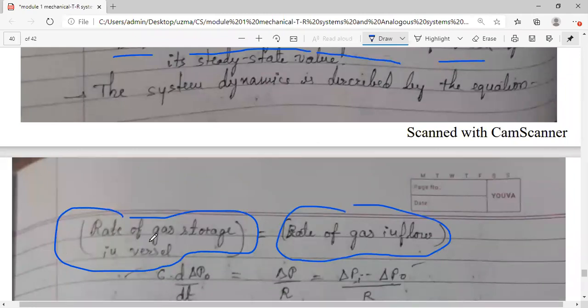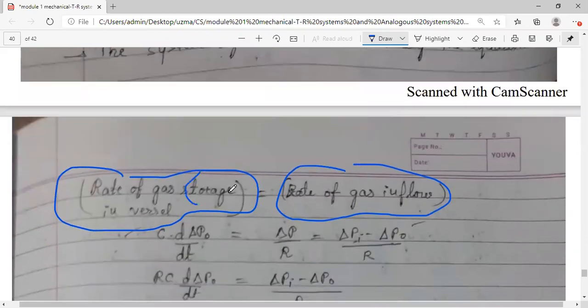It is very clear-cut here because there is no outlet provided, since it is only storing. We are showing only the storage part. We don't have any outlet connected through which air is passing to some other place. So it's very simple: how much is being stored inside the vessel, and how much you are supplying from the source. How do you define storage?